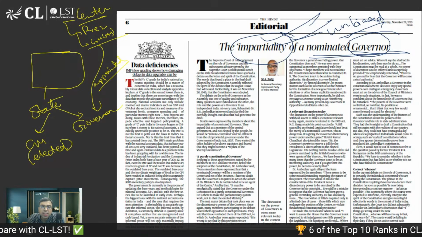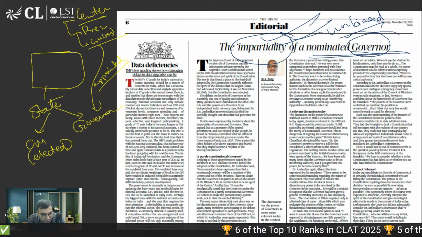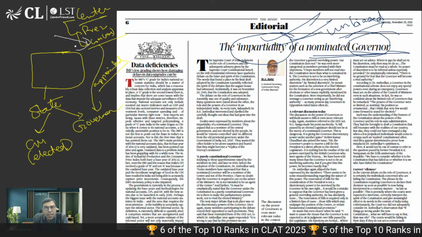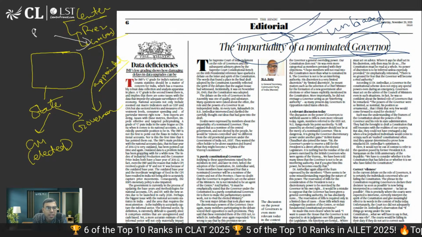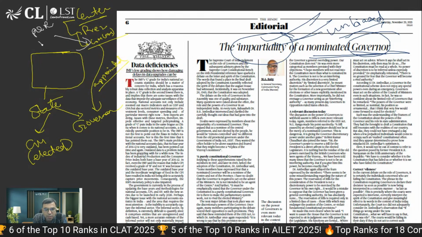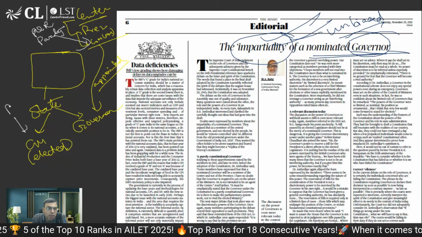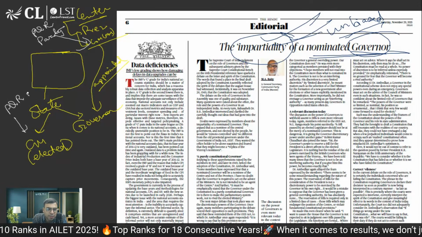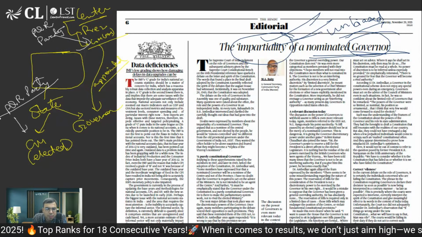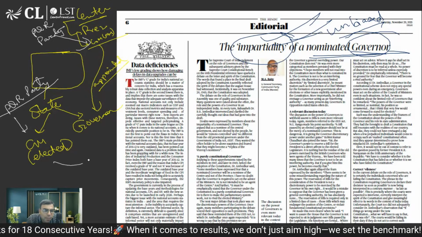Everything is fine if the ruling party at the center, let's say party PQR, I'm just giving an example, and the same PQR party is in the state. Then there is generally no friction between the chief minister and governor.